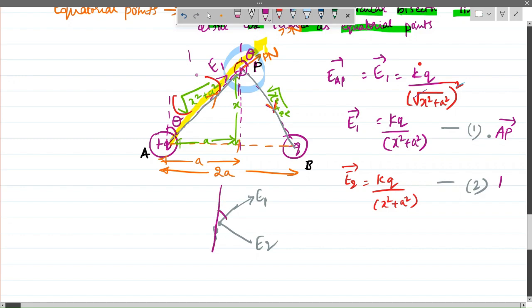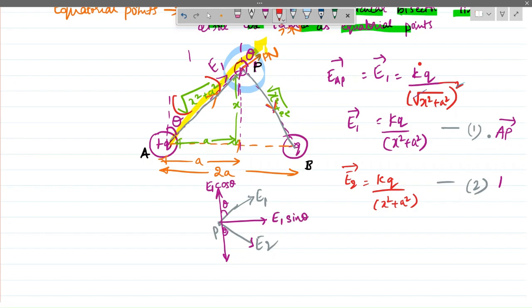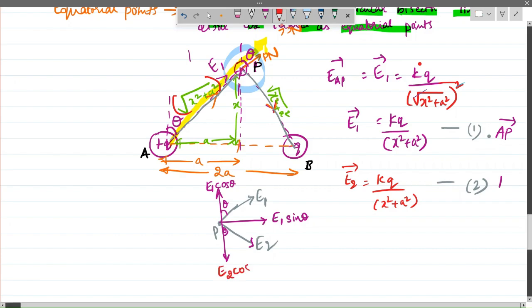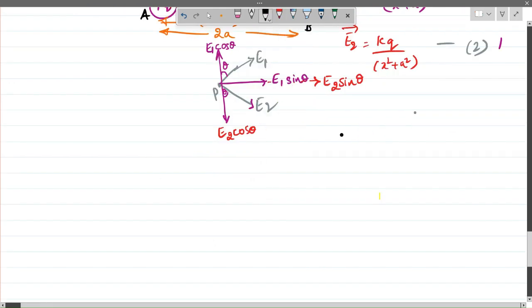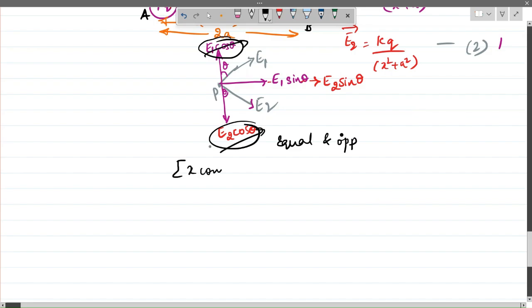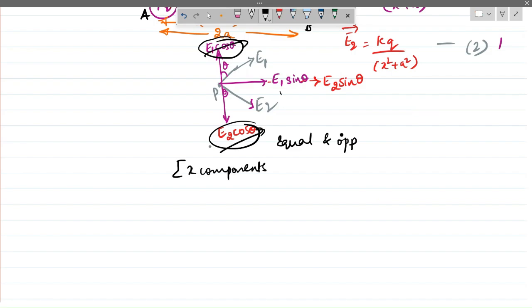If we resolve this, this becomes E1 cos theta, and the vertical component becomes E1 sin theta. And for this, it becomes E2 cos theta, and this becomes E2 sin theta. Since E1 cos theta and E2 cos theta are equal and opposite, they cancel out the x components. These two sine components get added up.